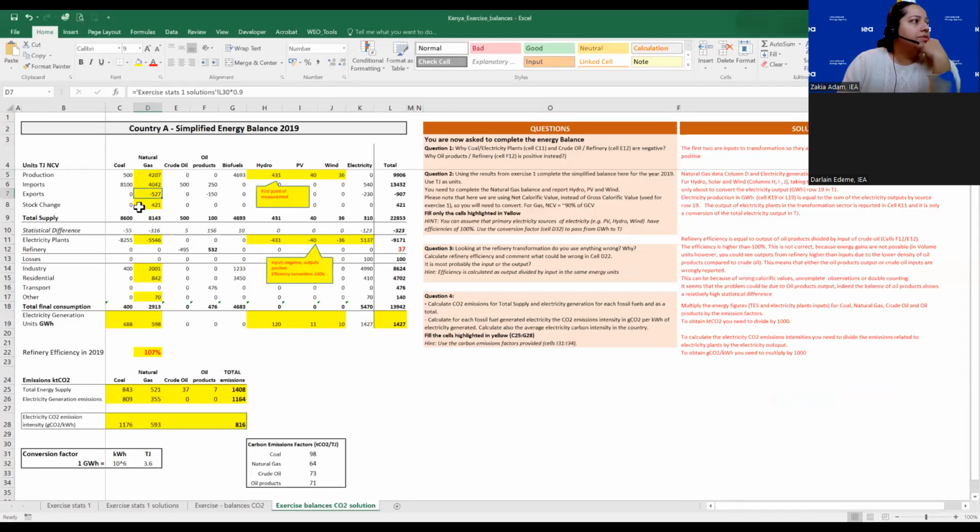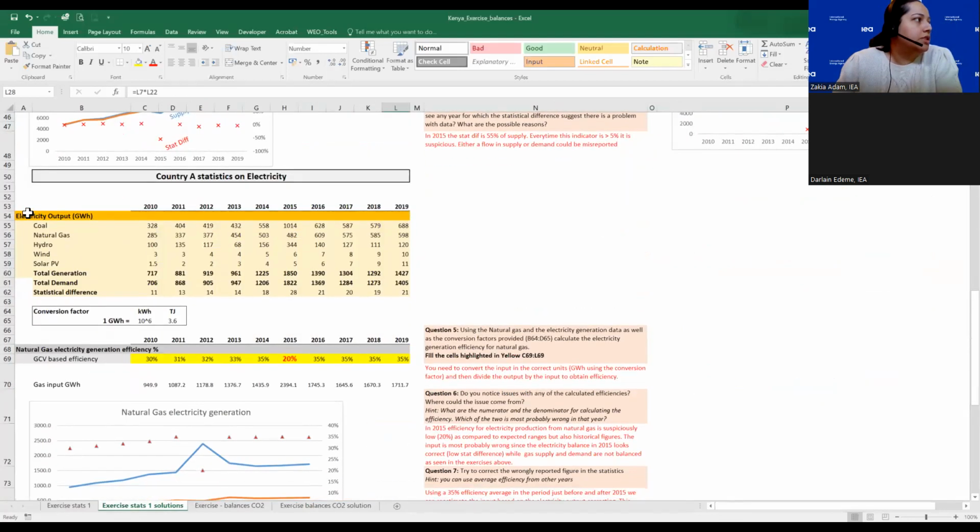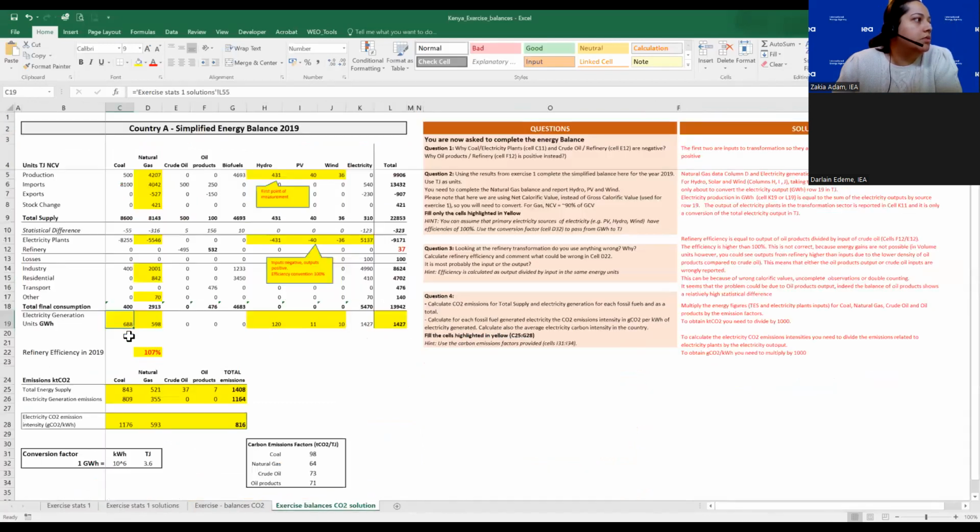So you do the same for the different flows. You just link it to the other exercise, times 0.9. And you also do it for electricity generation. Here we already had electricity generation in gigawatt hours, so here it's just equal.